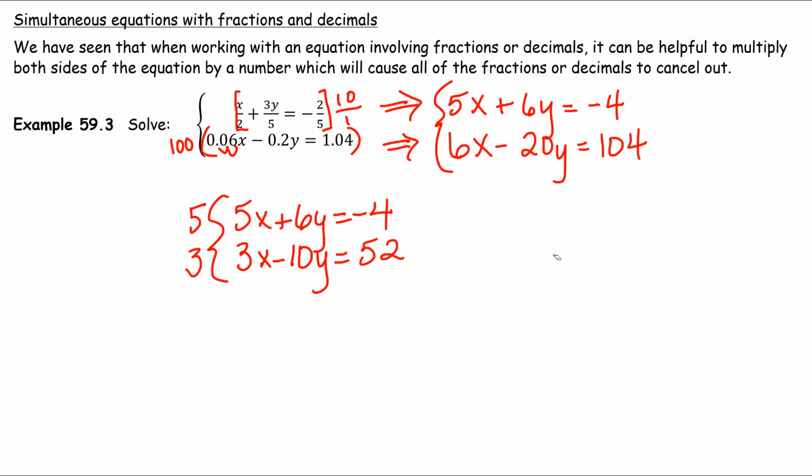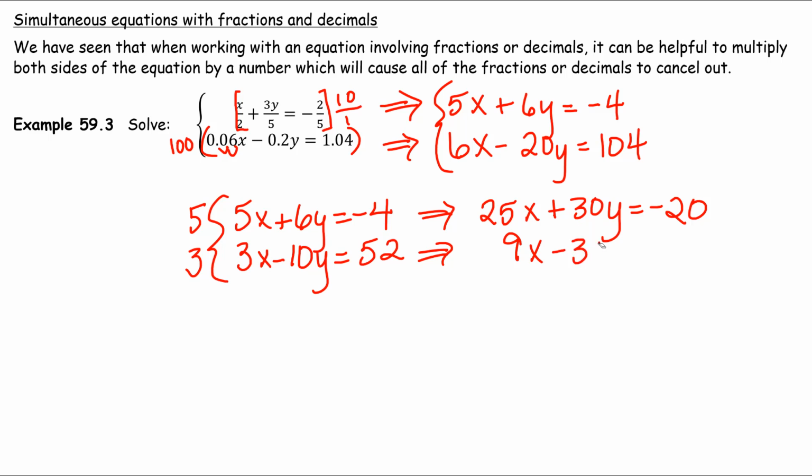And that's what I want, so that they will cancel out. So 5 times 5x is 25x. 5 times 6 is 30y. And 5 times negative 4 is negative 20. Second equation, 3 times 3x is 9x. 3 times negative 10y is negative 30y. And then 3 times 52 is going to be 156.